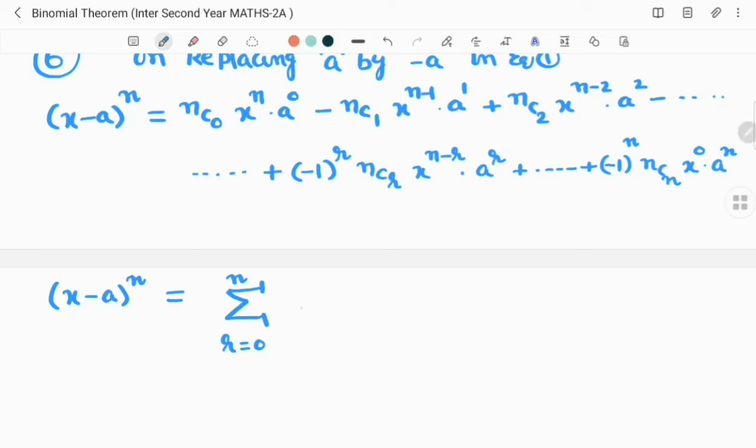So that is the reason for minus 1 whole power r; the rest of the terms will be the same, nCr x power n minus r into a power r. So based on the value of r, whether it is negative or positive, we will decide. I hope everyone understands.